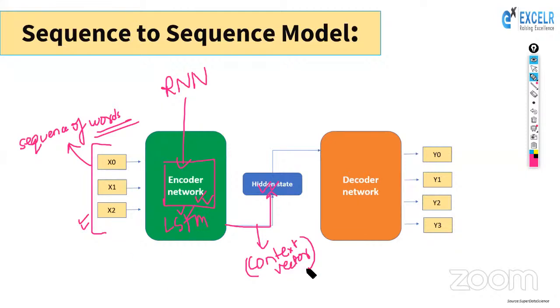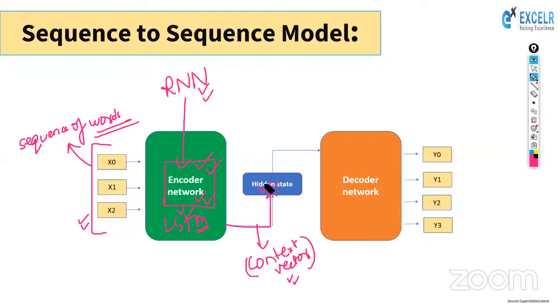The context vector is the numerical representation of your input data, and it is in encoded format. So this is done by the encoder network. And what is the encoder network? It is one kind of RNN network. Specifically, it is an LSTM model.